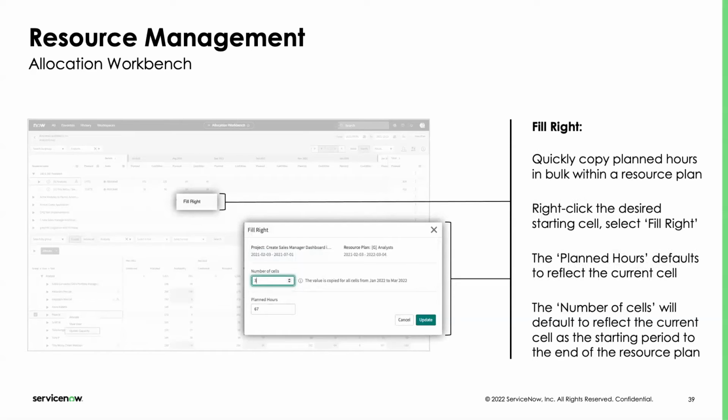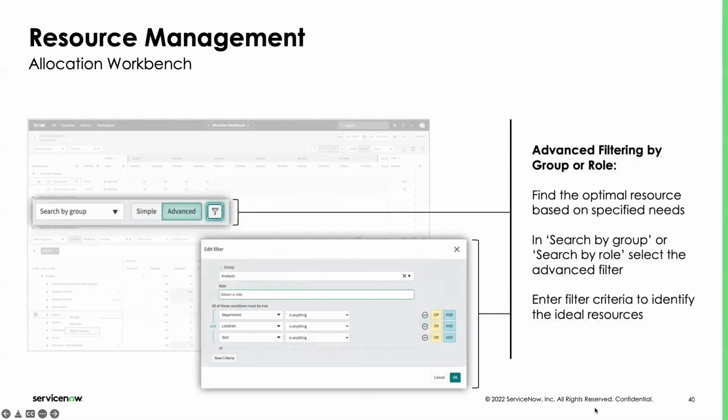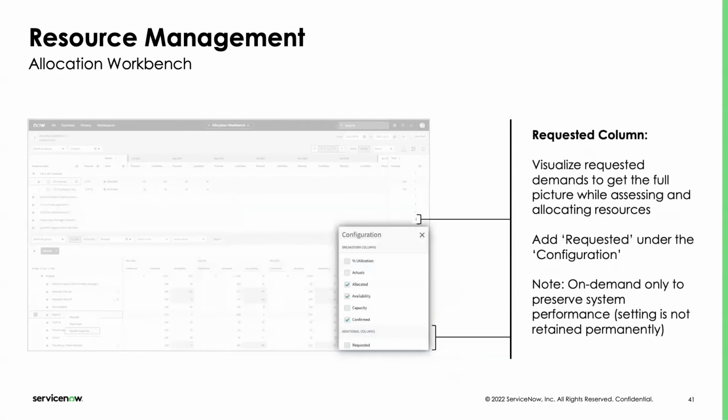Ability to bulk fill by using the fill right feature. You can automatically enter number of hours allocating from the start date and the number of fields defined. Advanced filtering allows you to further define your search when looking for resources to allocate.